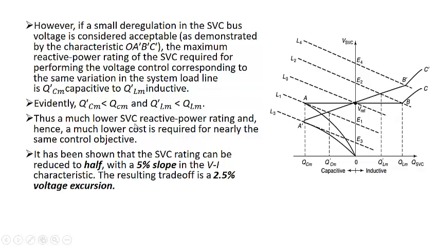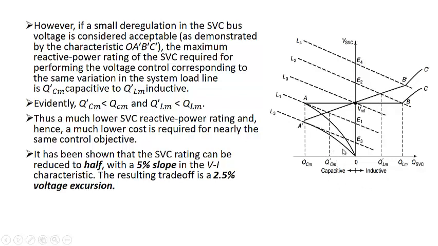Thus a much lower SVC reactive power rating, and hence a much lower cost, is required for nearly the same control objective. We have the same control objective. We have assumed the slope to be a little bit larger, but practically the slope is much lower.